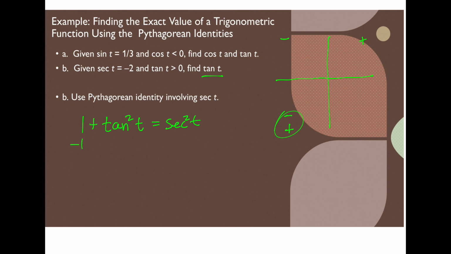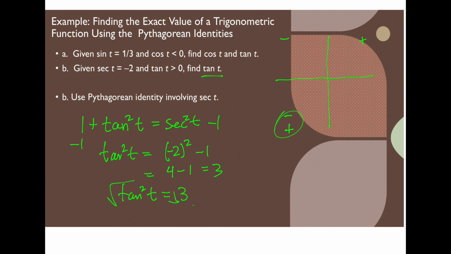So I'm going to subtract 1 on both sides. That gives me tangent squared of t is equal to secant squared of t minus 1. The secant of t was negative 2, so that's negative 2 squared minus 1. So that's 4 minus 1, which is 3. So tangent squared t is equal to 3.